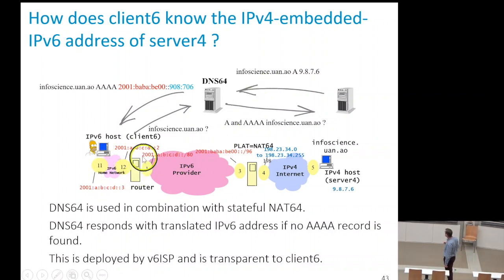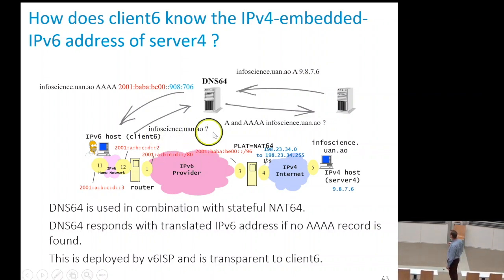When your DNS resolver connects to the DNS server of this operator, you ask a question, what is, for example, the InfoScience of the University of Angola in Luanda? So you ask this question, and you are doing IPv6 only, so you expect a quadruple A answer.